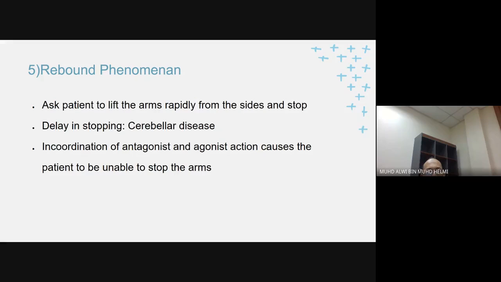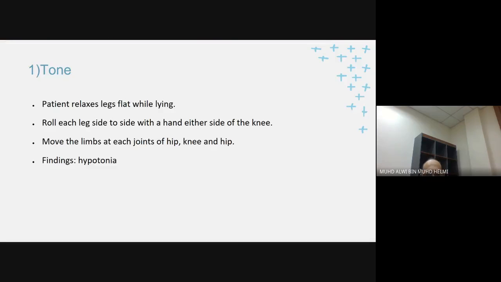So they will also have delay in stopping. But we call it rebound phenomenon in cerebellar lesions. We don't call it rebound phenomenon in Parkinson, but again you can have similar findings.